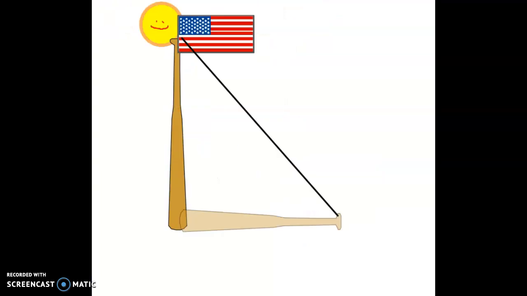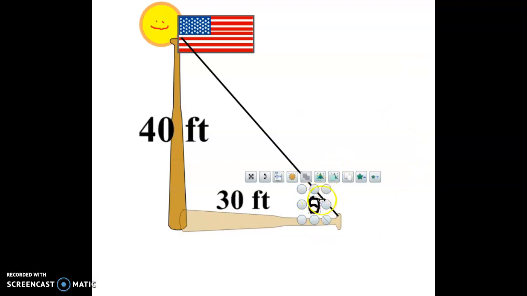Okay, next, example 4. Here we have a pole that's 40 feet tall, and it creates a 30-foot shadow. Well, they would like to know the angle of elevation. So that would be this angle right down there, that angle of elevation.